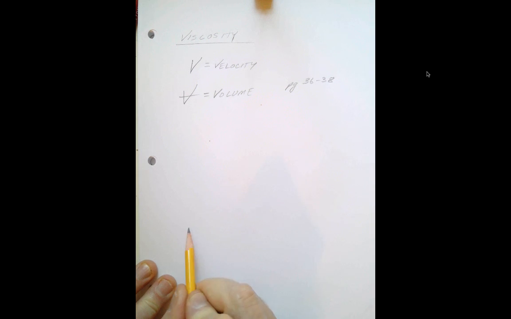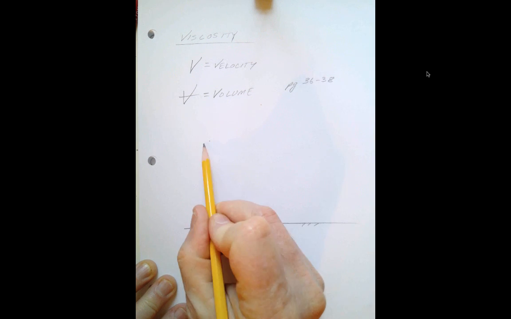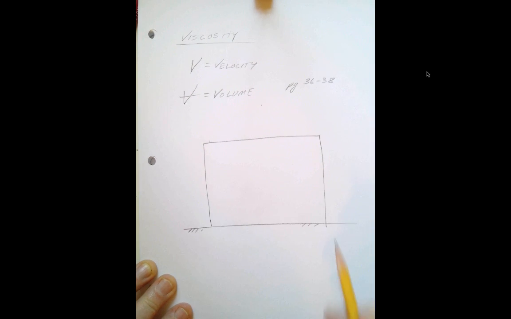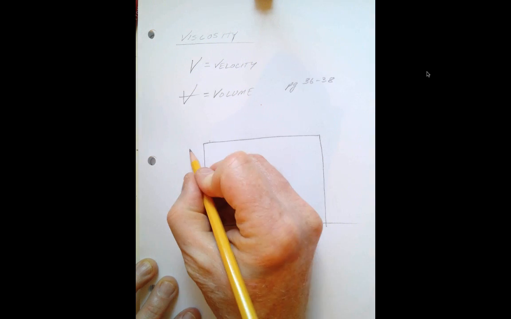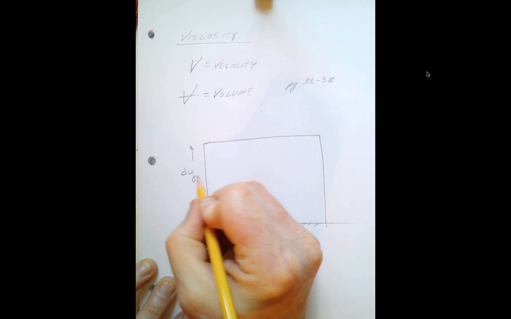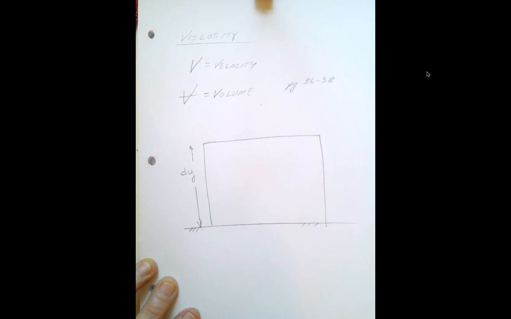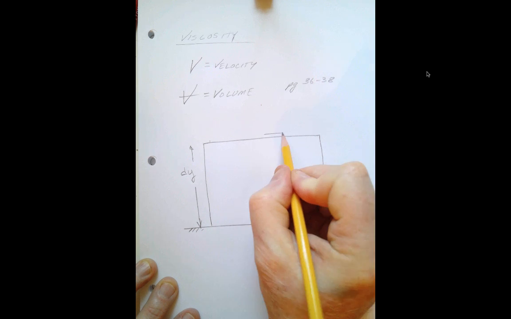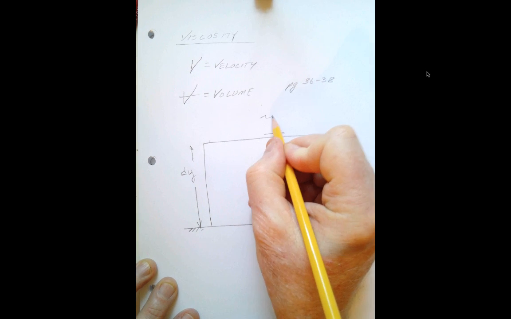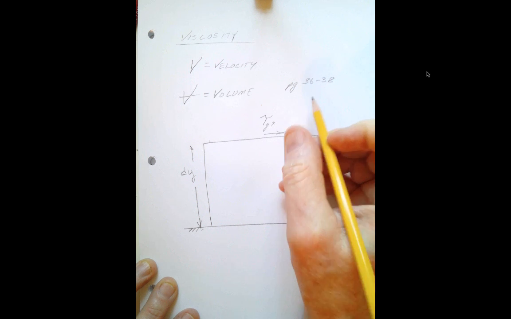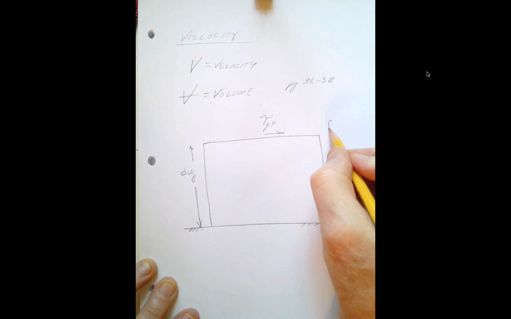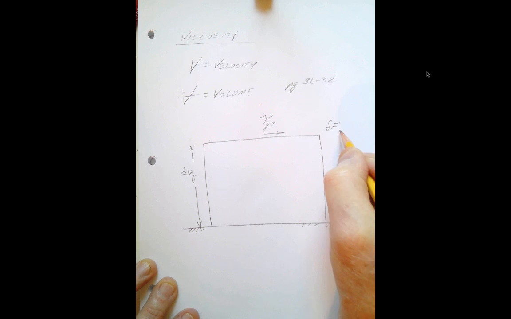So let's go ahead and draw our fluid element again. This one's a little awkward, and we'll call that height dy, and we'll start to apply our shear force, tau yx, and there'll be some small differential force and some small differential velocity involved.